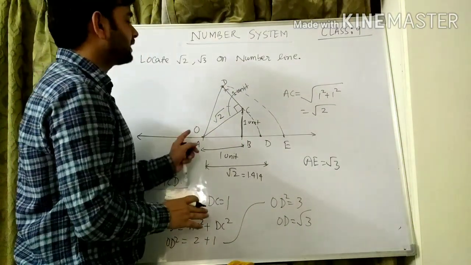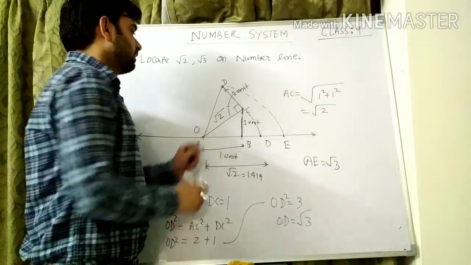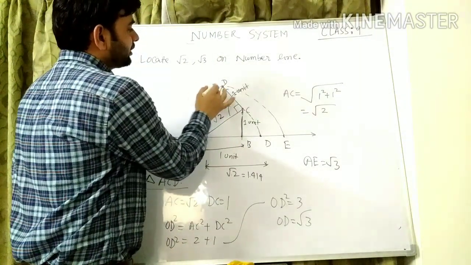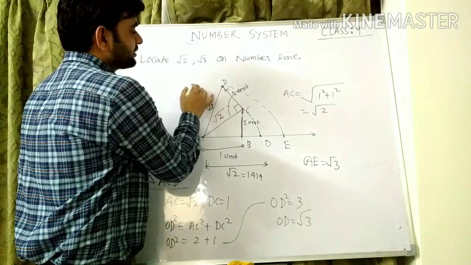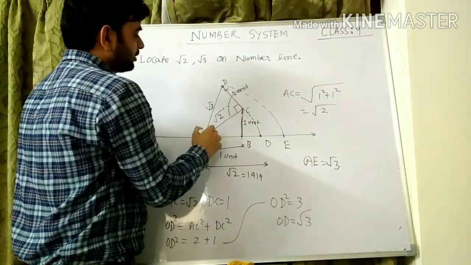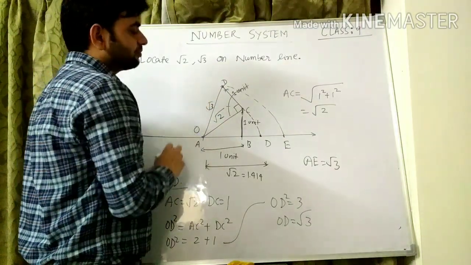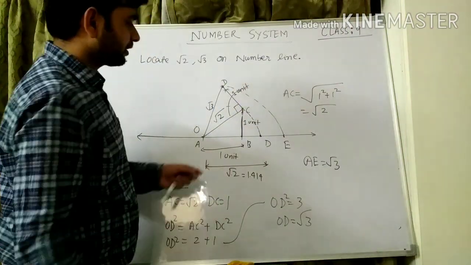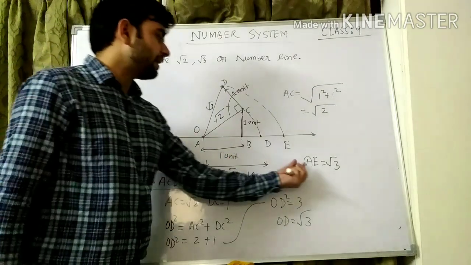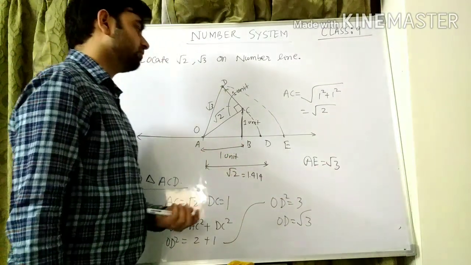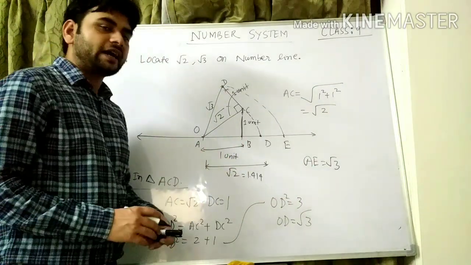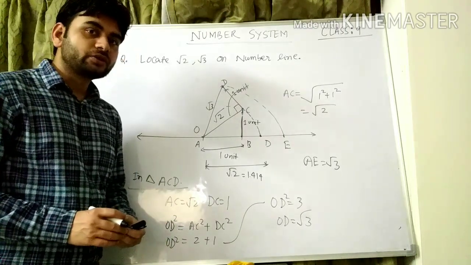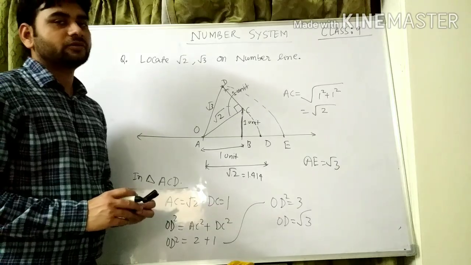So this one is root 2 and this is root 3, and if you continue again with 1 unit in the same way, you will get root 4, which is the length of 2, and again you can make the circle. In the next question I will explain how you can draw root 5, root 6 and root 7 on the number line, okay students.